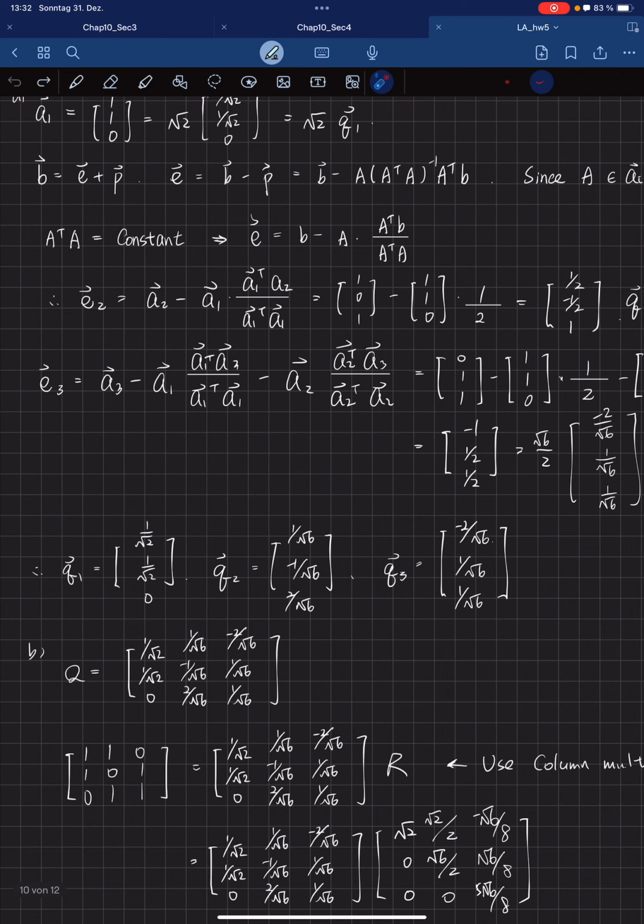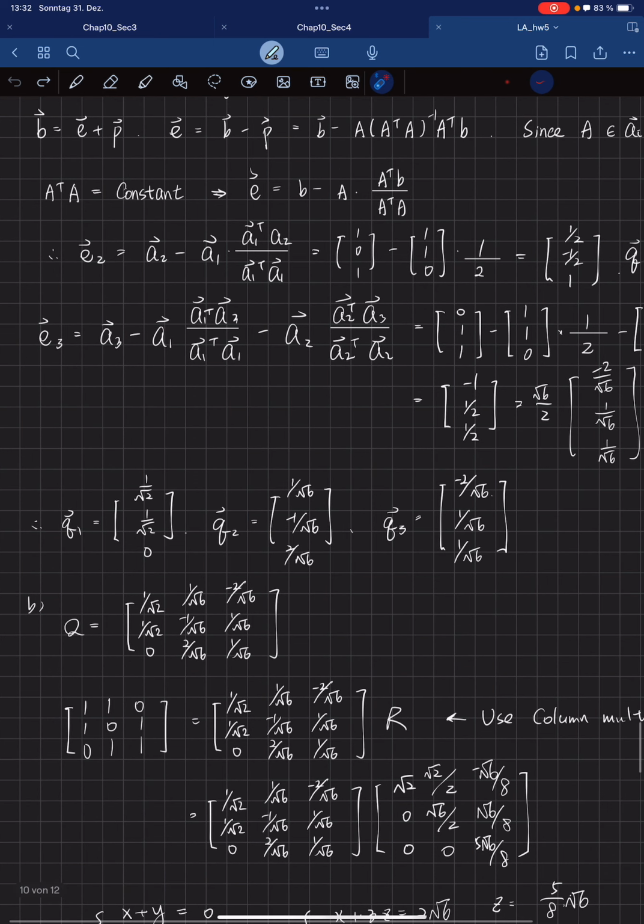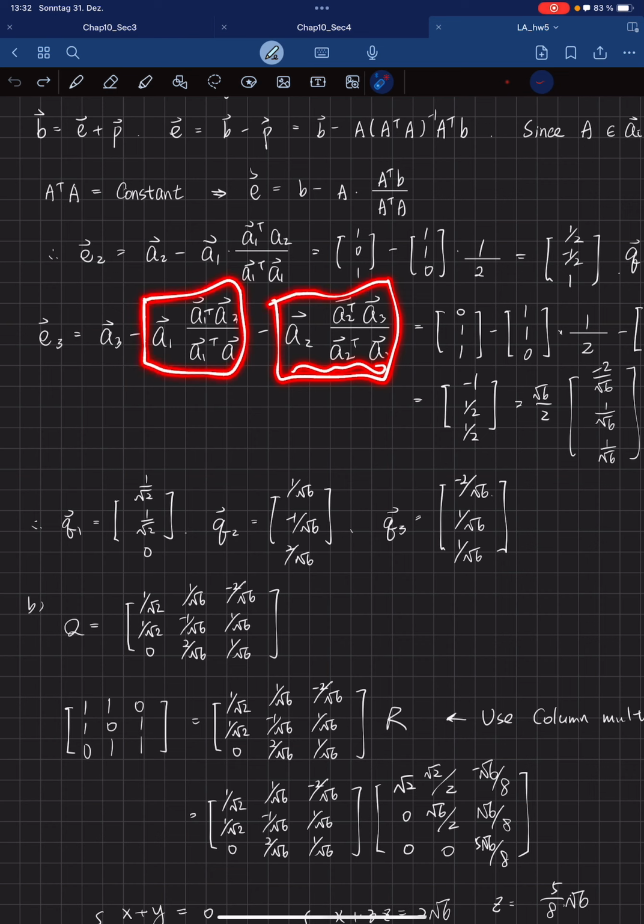Now for E3, it's kind of the same actually, but now we not only have to subtract the parallel part of A3 with respect to A1, but also we'll have to take out the parallel components of A3 with respect to A2. So we compute these two accordingly and subtract these results from our A3.